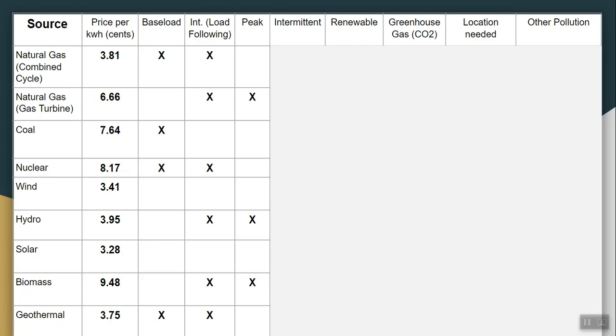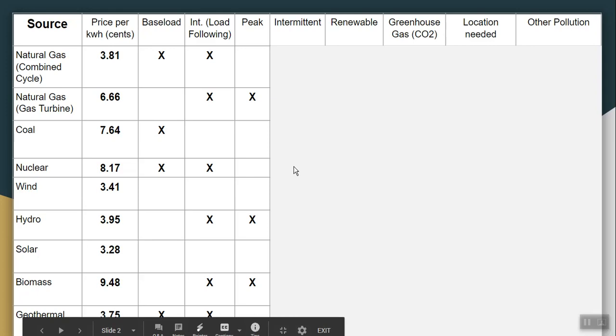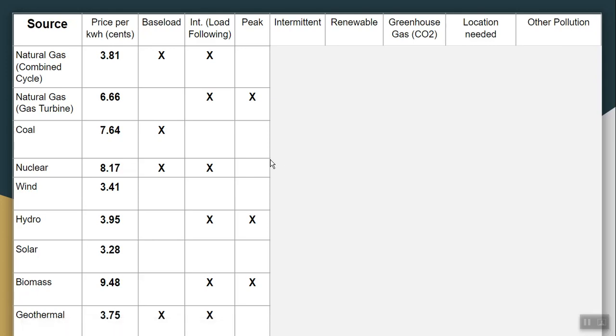You don't have to worry about heating up all that water. So it can be turned on and off very quickly. Same thing with a hydroelectric power plant, and you can open up the sluiceways for water very quickly. And same with biomass. You can feed in the biomass at whatever rate you want.